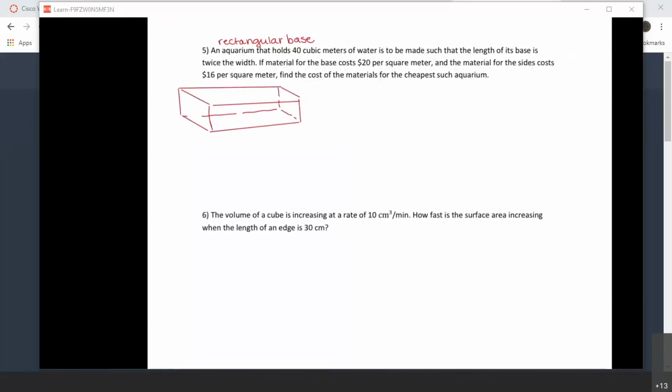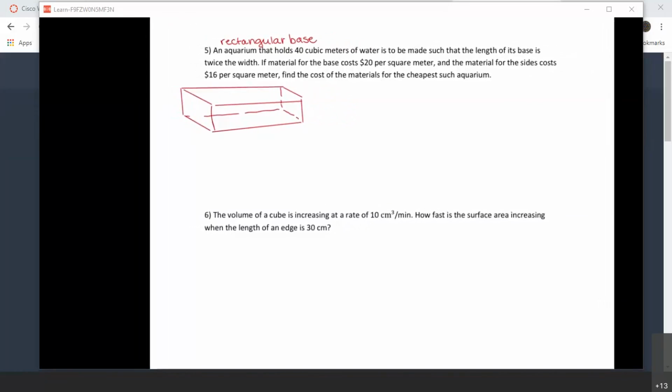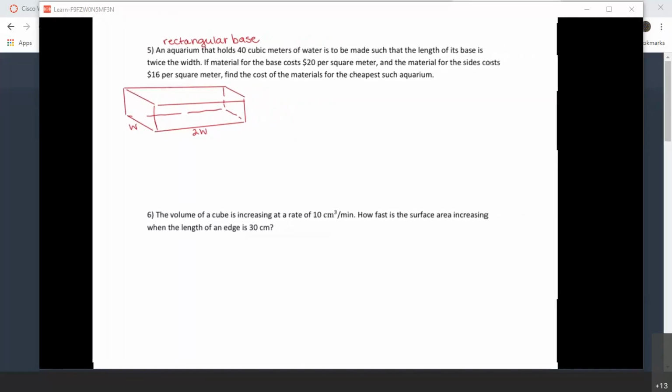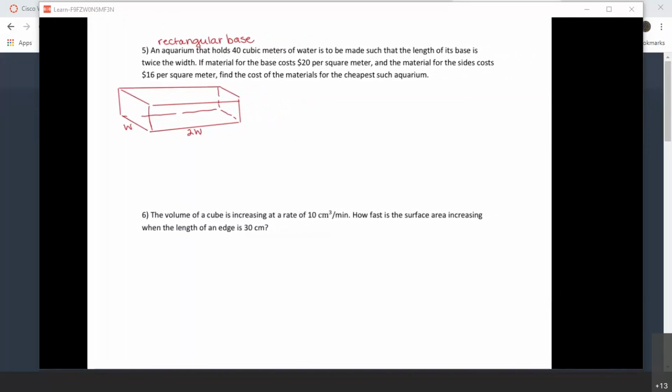All right, so let's say we have a rectangular aquarium, and the length of its base is twice its width. Here's the width, and I'm going to call that 2W. If the material for the base costs $20 per square meter, the base has to be stronger because there's more downward pressure there, and the material for the sides costs $16 a square meter.